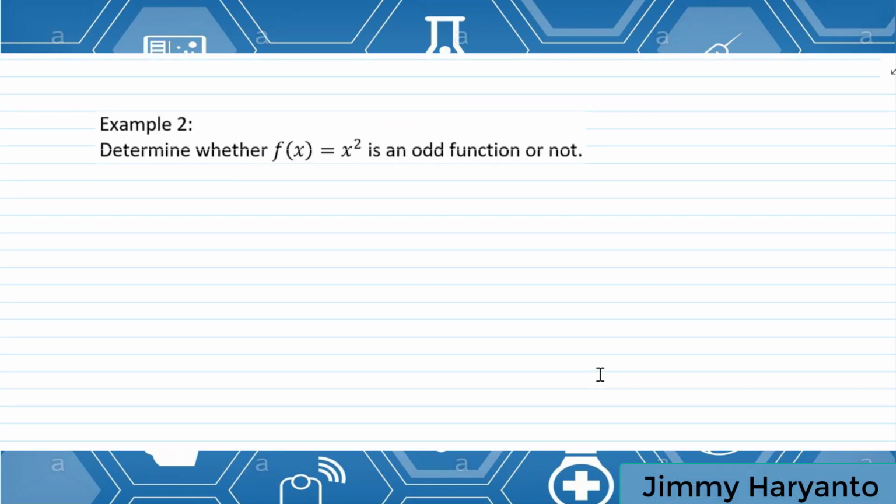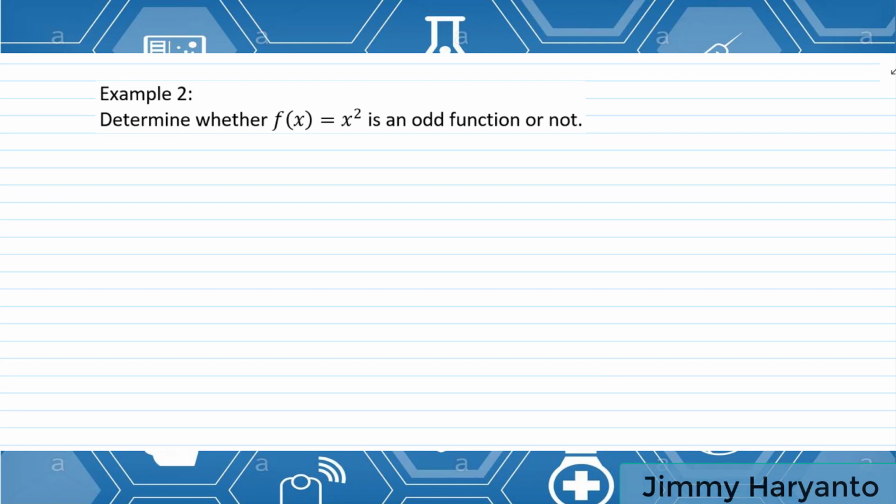Next, example 2. Determine whether f(x) equals x squared is an odd function or not. Okay, do you remember the steps? Yeah, first you have to find f(-x). It means you have to change the x into negative x, ya. Negative x squared equals x squared.